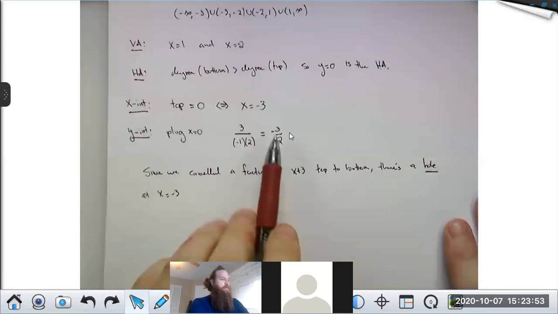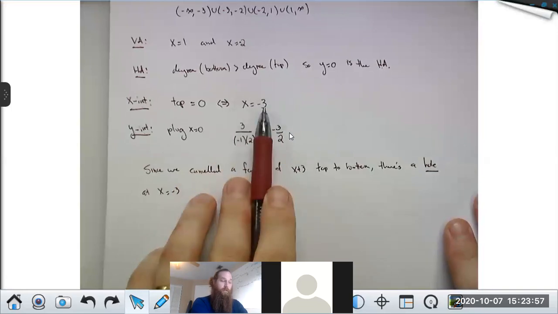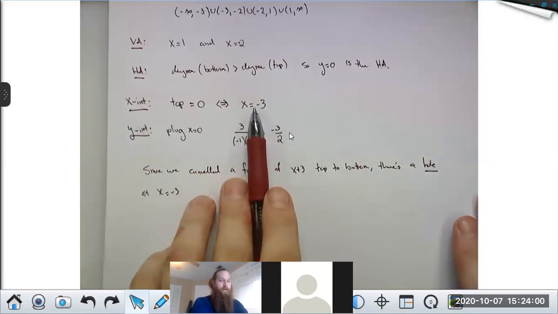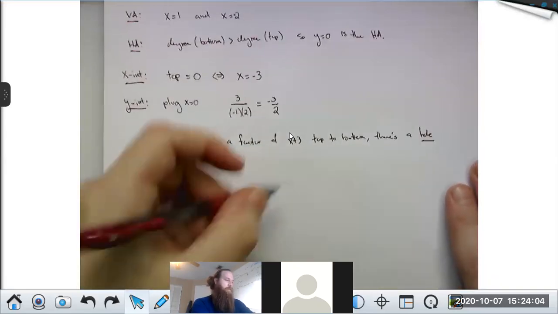So our x-intercept is actually a hole. In other words, we don't actually touch the x-axis there. We're going to come up to it and then have a little hole. I'll show you what I mean.